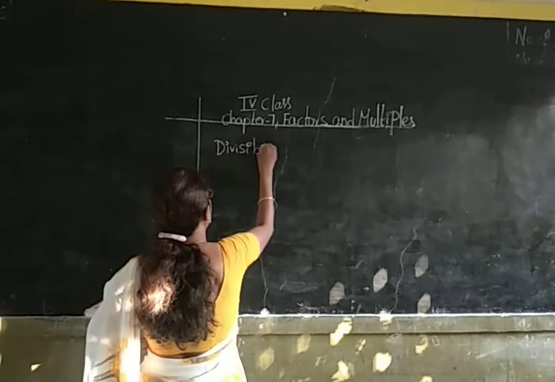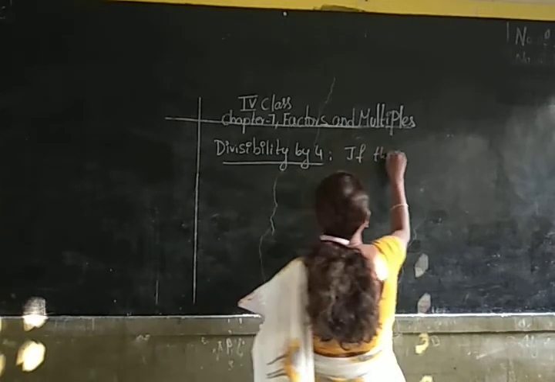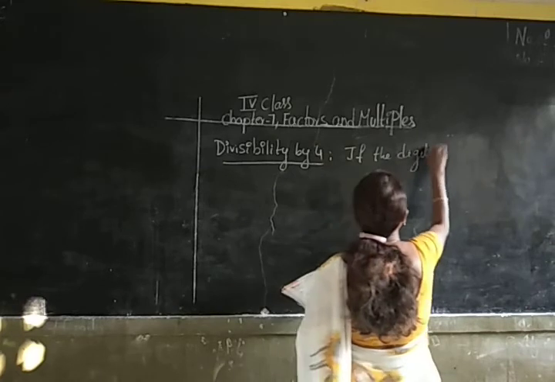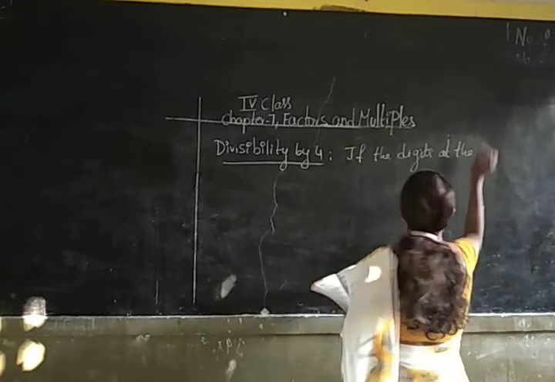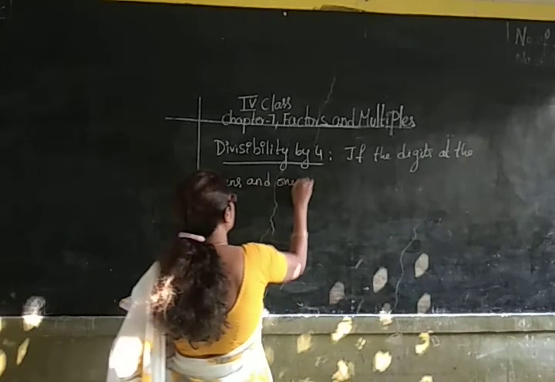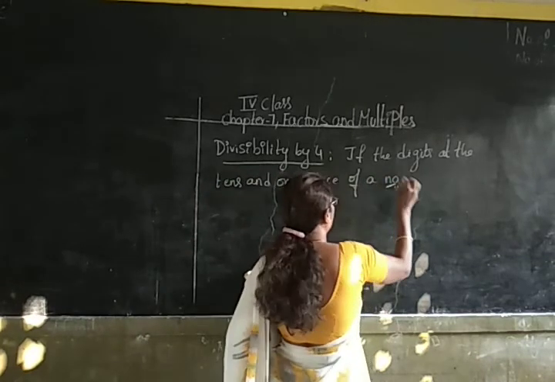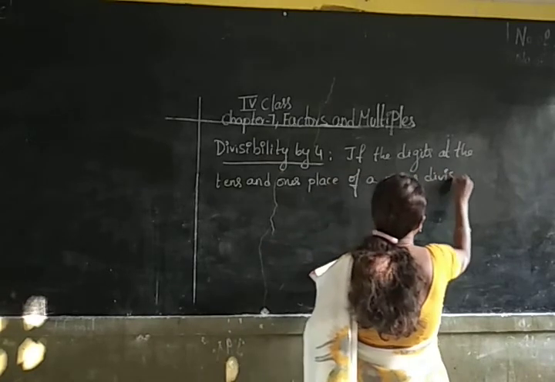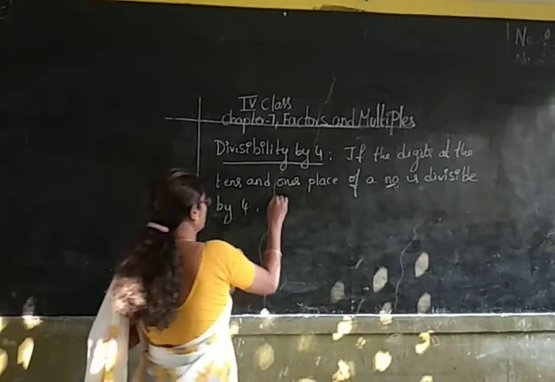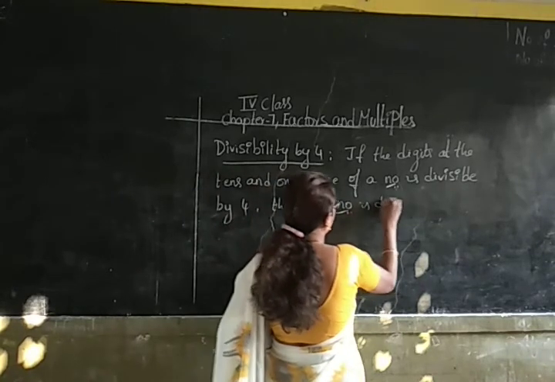Divisibility by 4. If the digits at the tens and ones place of a number is divisible by 4, then the number is divisible by 4.